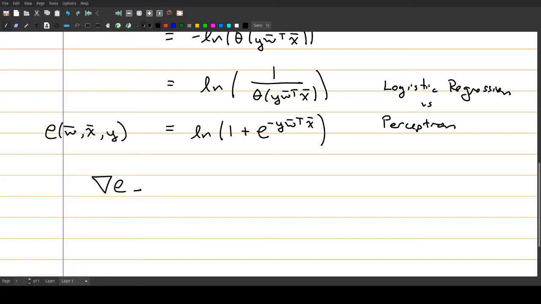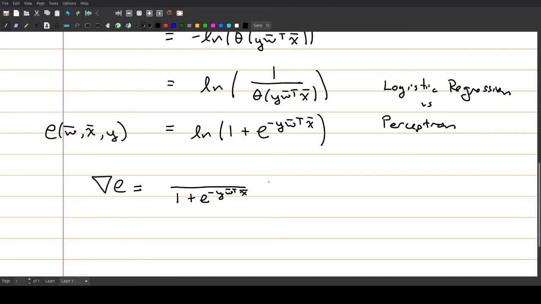What is the gradient of e when w is the variable vector? Well, when you take the derivative of natural log of an expression, it's the derivative over the expression. So I just copy 1 plus e to the minus y wt x down here.